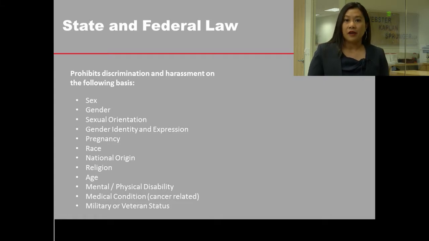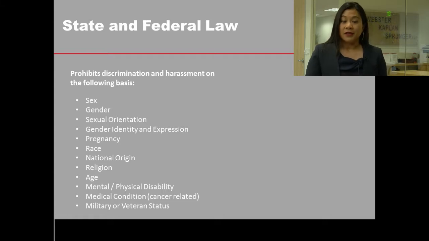So you'll see in our very first slide here that under California state law, as well as federal law, there are certain protected categories. What that means is that employers are prohibited from harassing or discriminating against applicants and employees based on specific protected categories. I've listed a few of these categories here for you. So let's take a look at what these are.